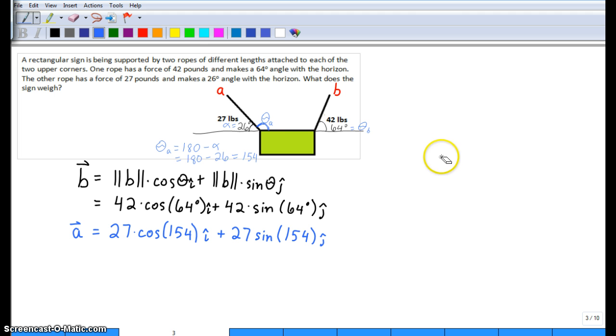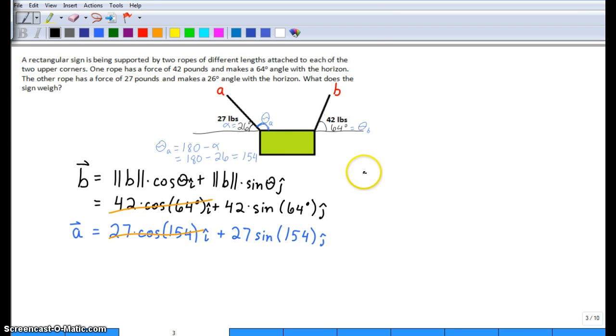So if we want to know how much mass this block has, all we care about is how much force is being applied from 42 and 27 just in the y direction. The y direction is our j hat, our sine component. So we really don't care anymore about the i hat components. What we really need is the j hat components.